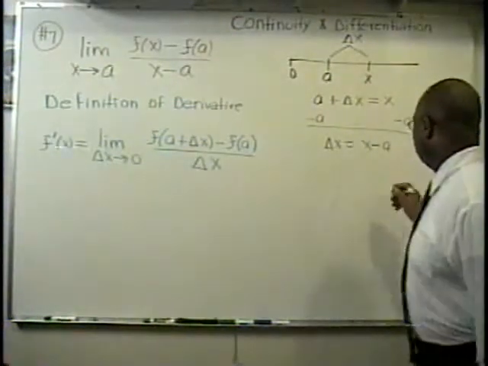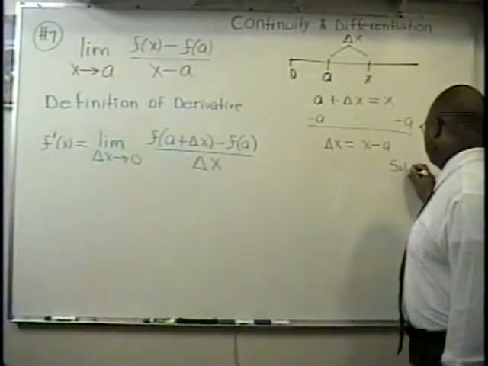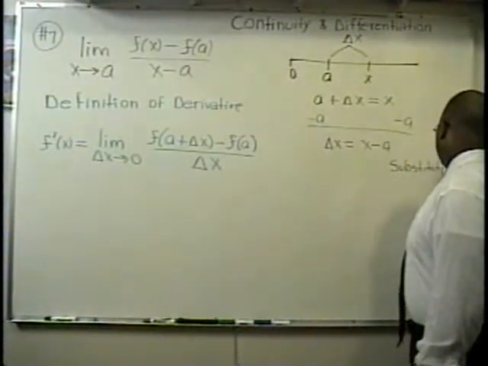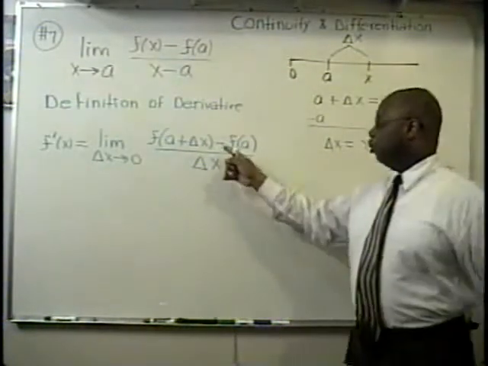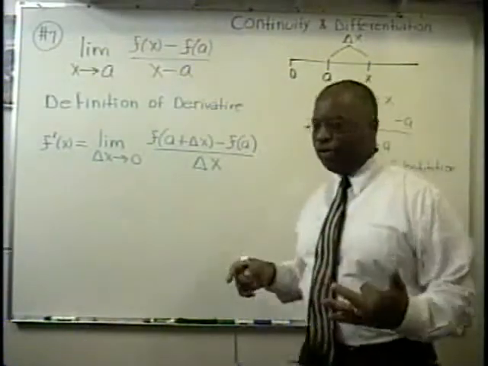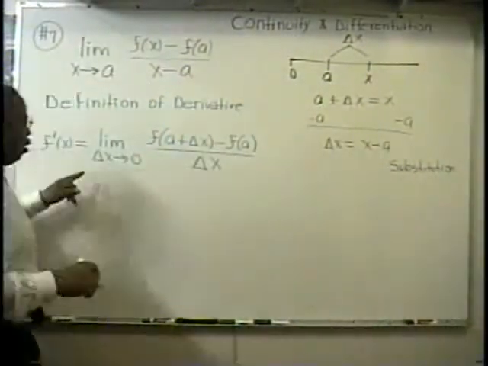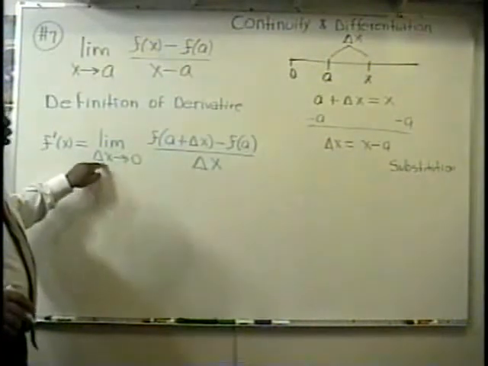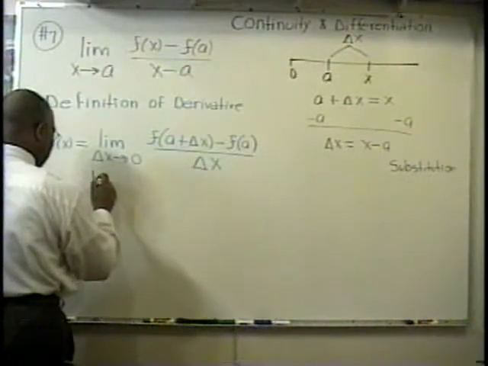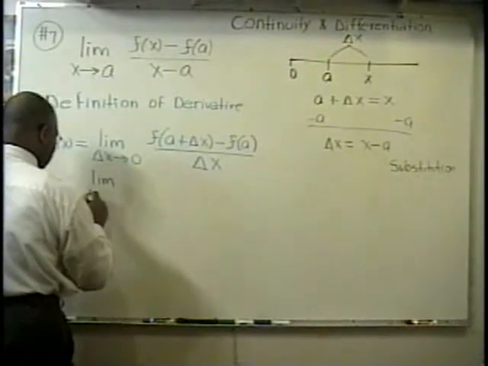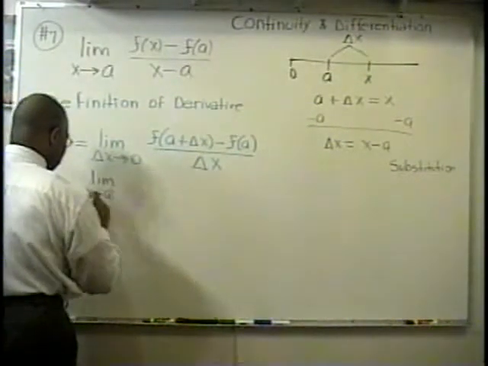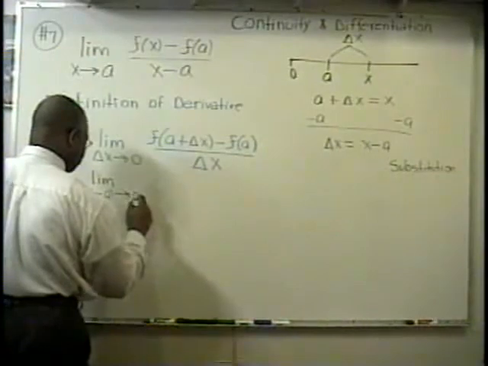Now all we need to do is use substitution. That's all that is required to transform this definition into that. Let's go ahead and do our substitutions. We already know that delta x can be written as x minus a, so let's do that substitution. Now I get the limit of x minus a as this approaches 0.